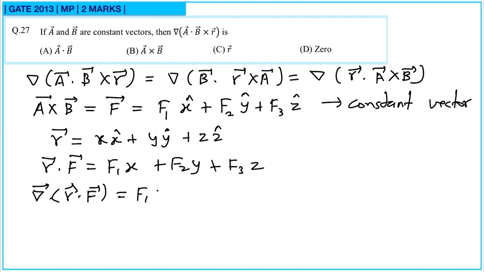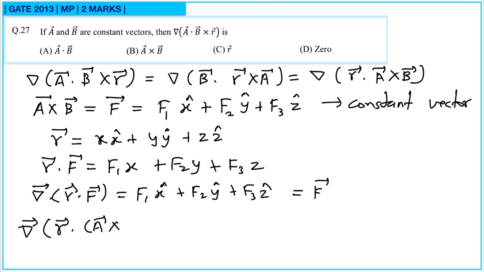So this will be f1 x cap plus f2 y cap plus f3 z cap. Now this is again f bar. So that means del of r bar dot a bar cross b bar, putting the value of f bar again, will be equal to a bar cross b bar, which is the same thing as this. So answer B is correct.